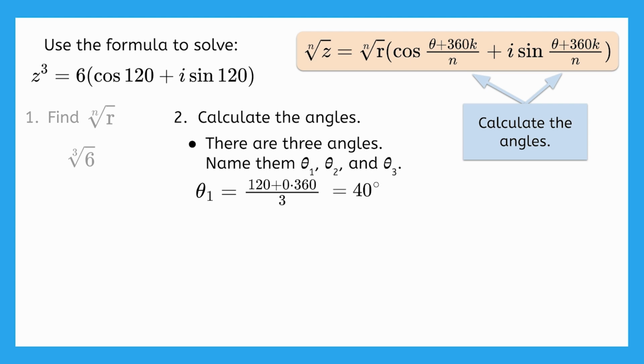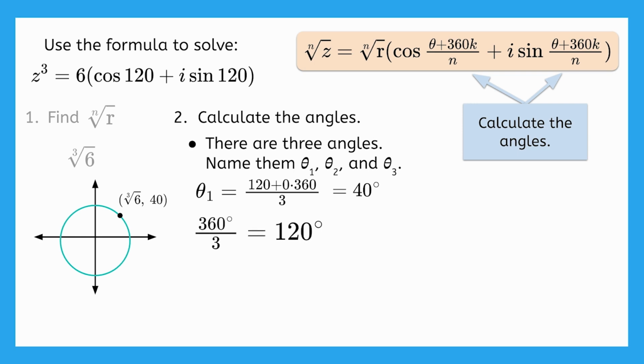Now, if you'd like to find the remaining 2 angles using the method from before, how far apart would each root be on this circle? 360 divided by 3 is 120 degrees, so each of our complex units will be 120 degrees apart.